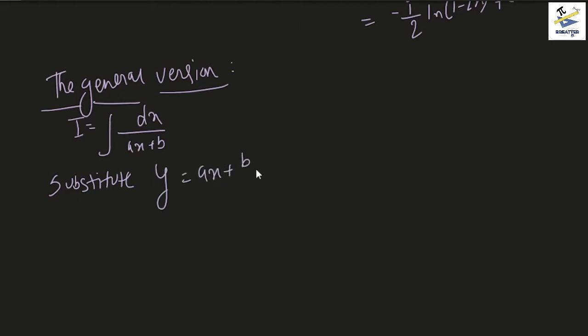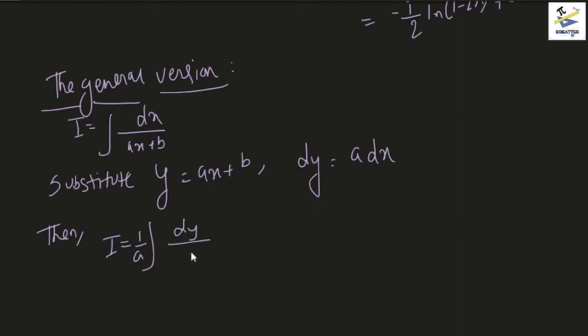Now when we substitute y equals ax plus b, we can have dy equals a dx, right? Then I should be equal to the integral of dx is dy by a, so put a 1 by a outside, dy here, and this should be y. So this would give you 1 by a ln of y plus c, and if you put back the value, it would give you 1 by a ln of ax plus b plus c, which is the answer.